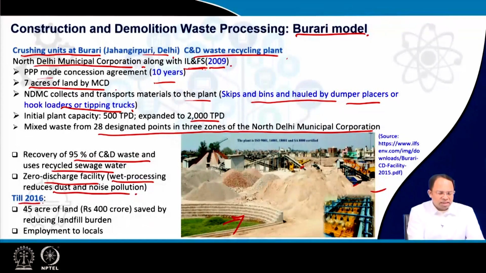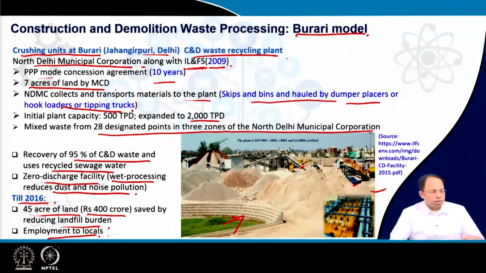Till 2016, as per estimates, around 45 acres of land, which would have amounted to 400 crores, was saved by reducing landfill burden. Because we are processing C&D waste, we don't need more land for landfill. It has also given employment to the locals. In addition, of course, other money was generated by selling these particular products.